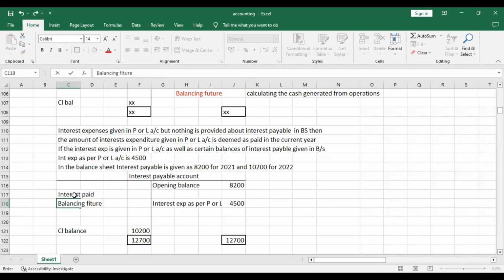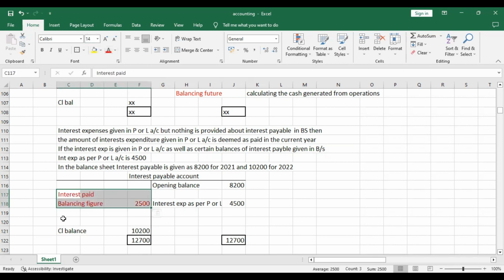How much is it? 12,700 minus 10,200. In the Excel sheet, you can do it like this, equal to 12,700 minus 10,200. How much is it? 2,500. This is what is called as interest paid. So this is a balancing figure.